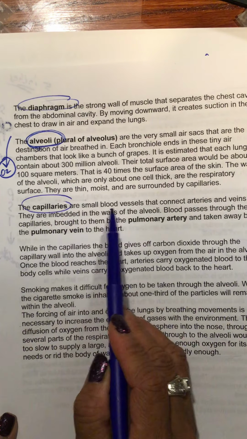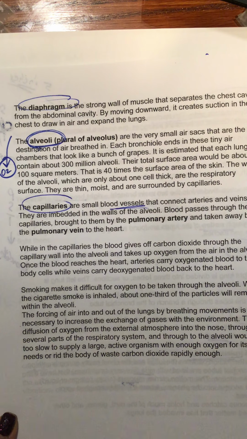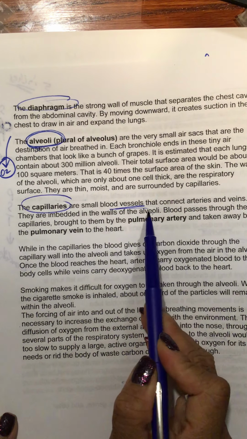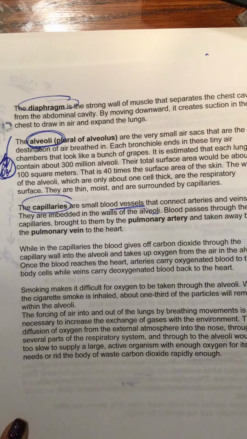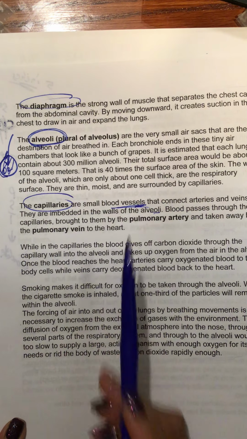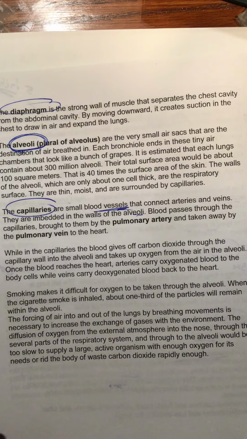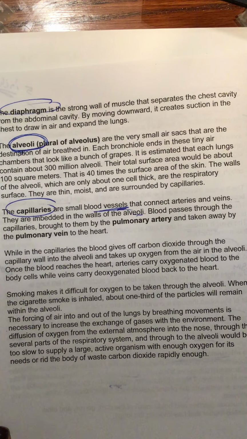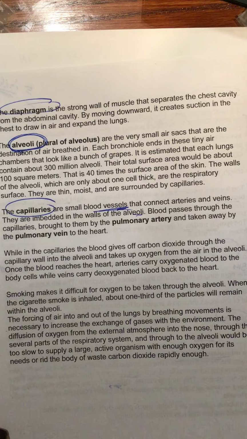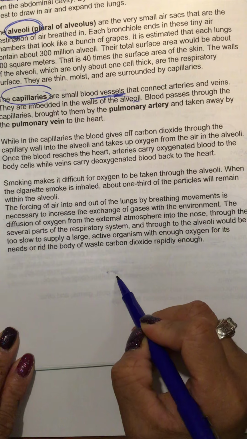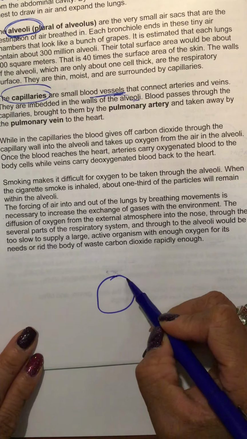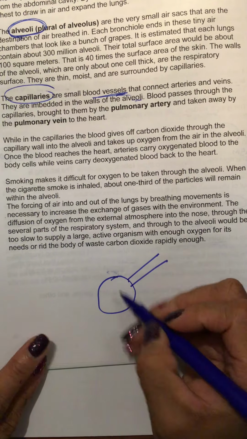Capillaries are the tiny blood vessels that will then bring in the oxygen by diffusion. So the alveoli here are lined with capillaries, and those capillaries are the ones that collect the oxygen from the alveoli by diffusion. So here is one alveolus.